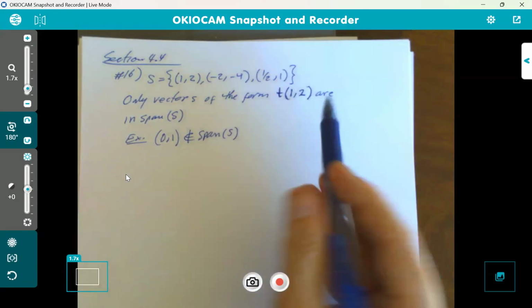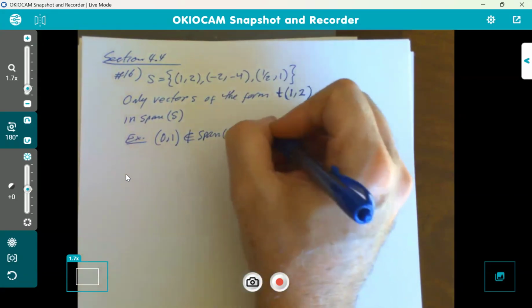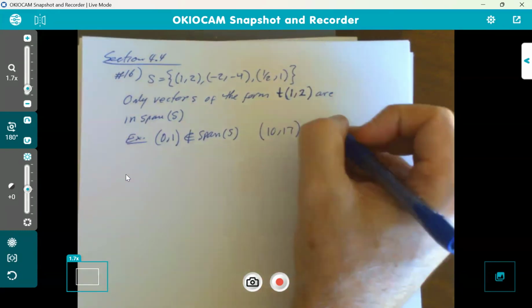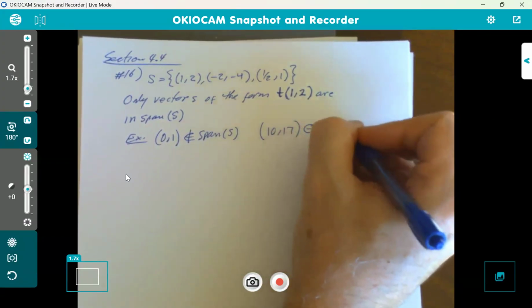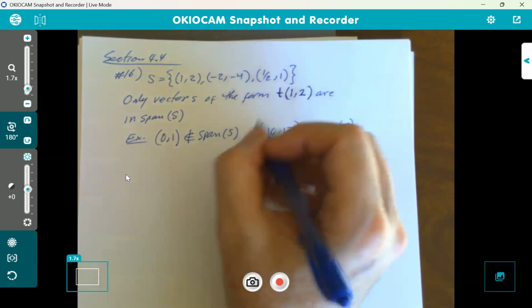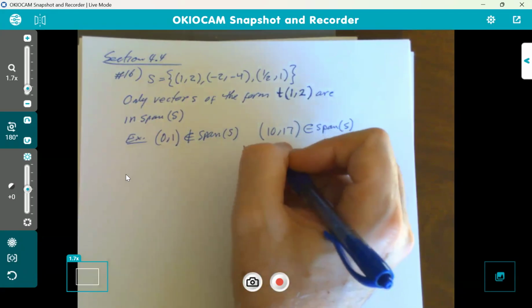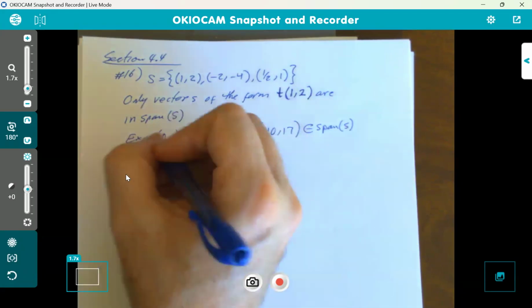So how can this span every other vector? For example, if I'm thinking of (10, 17), it's not going to be in the span either. That means I cannot do t times 1, t equal 10, and well, let's see, this one actually may work, but the key is the one with 0.